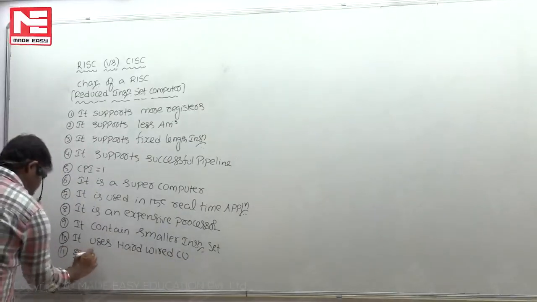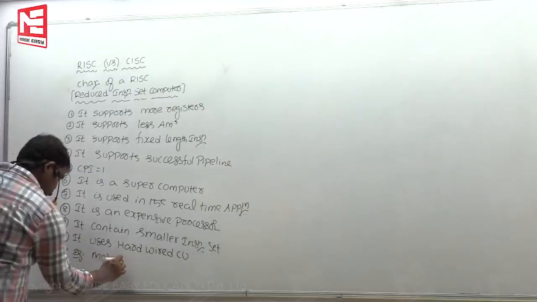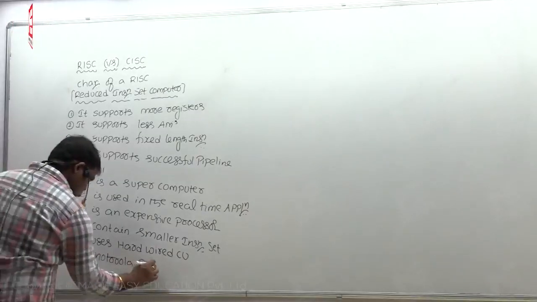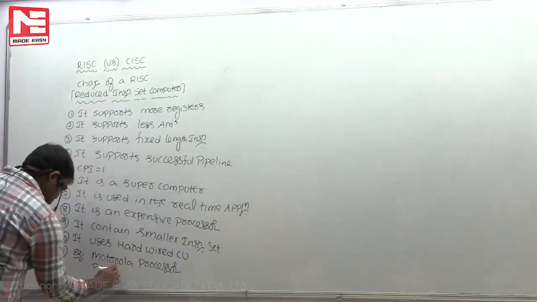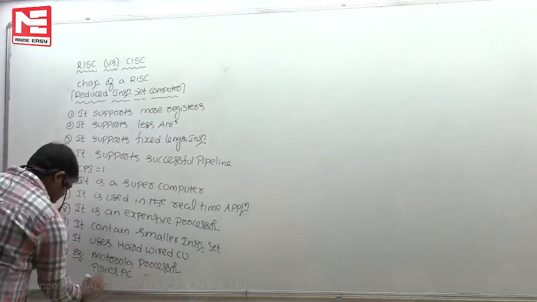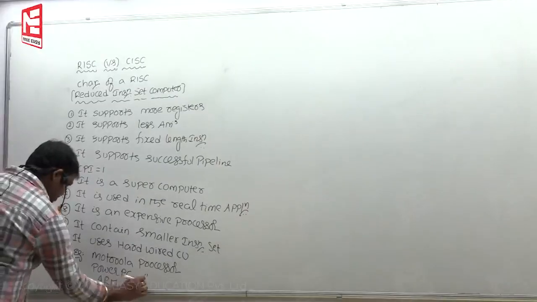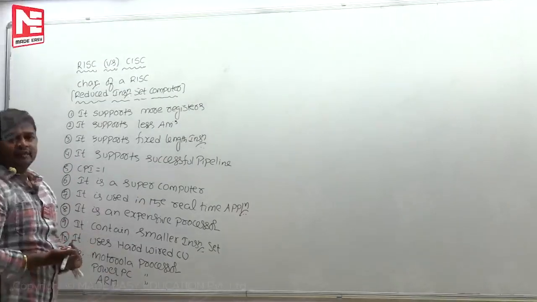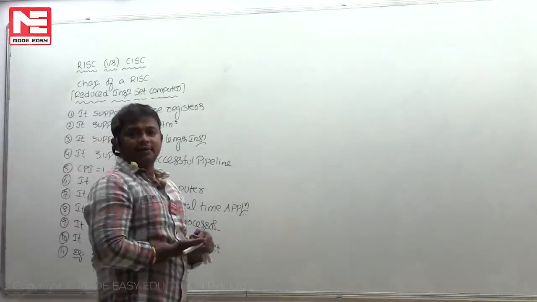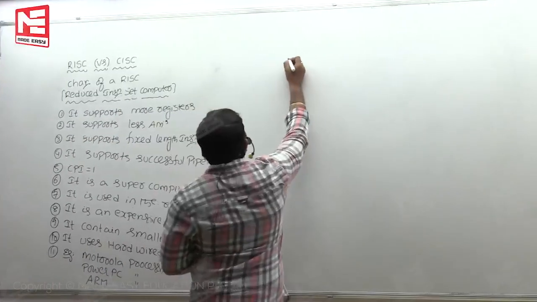Example, Motorola processor, PowerPC processor, ARM processor. Okay, these are the characteristics of a RISC. Opposite characteristics are true in the CISC. See this.